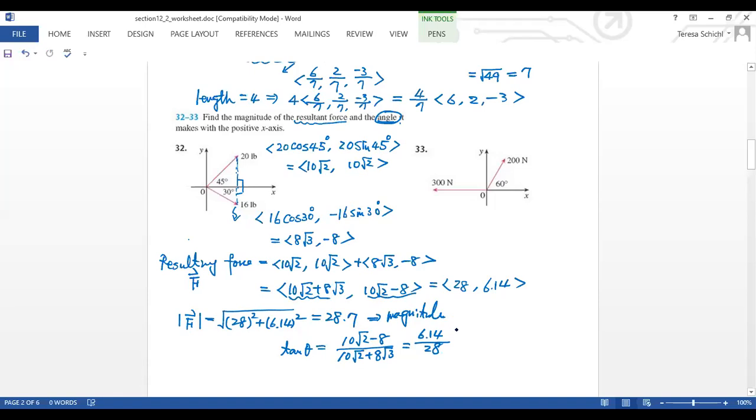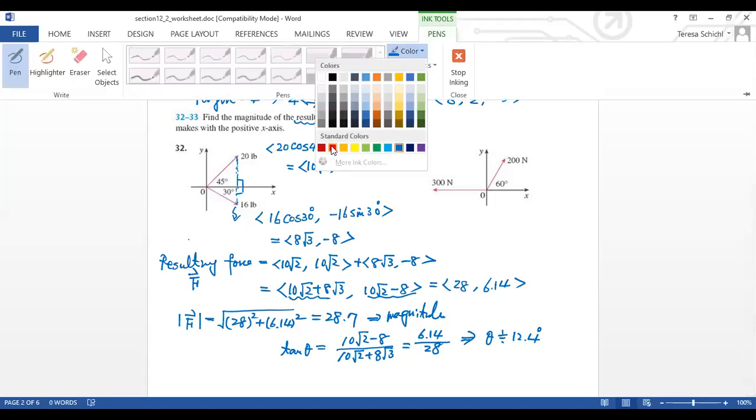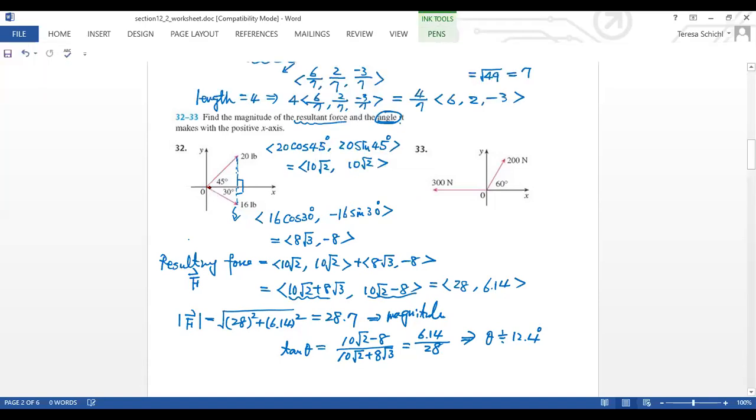Then you use the inverse tangent and you get theta of about 12.4 degrees. So your resulting force will be something like this, and this red angle here is 12.4 degrees.